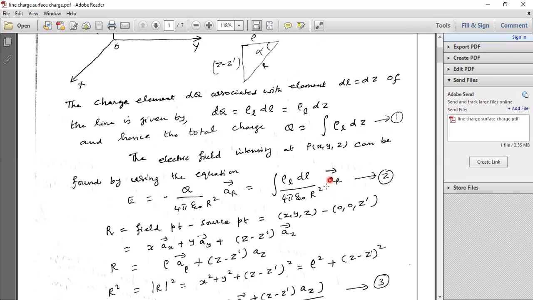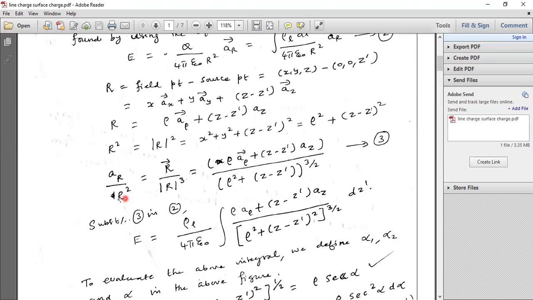Instead of AR, we can substitute R vector divided by modulus of R vector, so here we have modulus of R cube. The R vector is x ax plus y ay plus (z minus z dash) az. Instead of x ax plus y ay, we can substitute rho. This is the distance between the field point and the source point, and AR by R square is R divided by R cube.